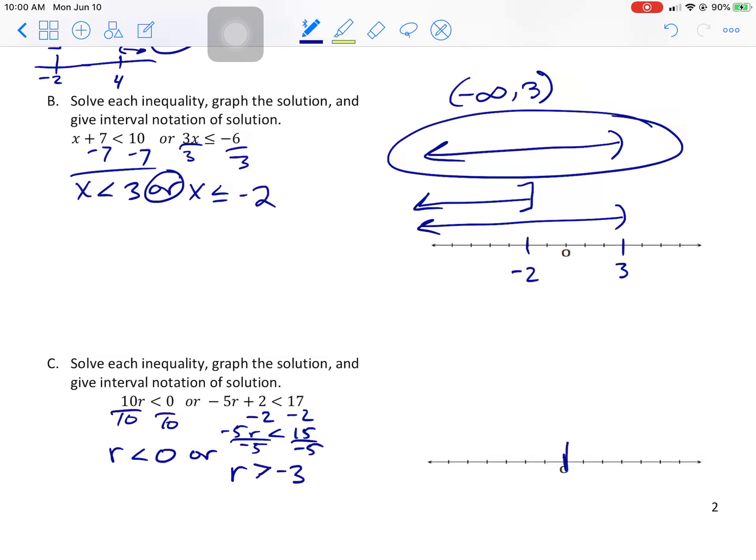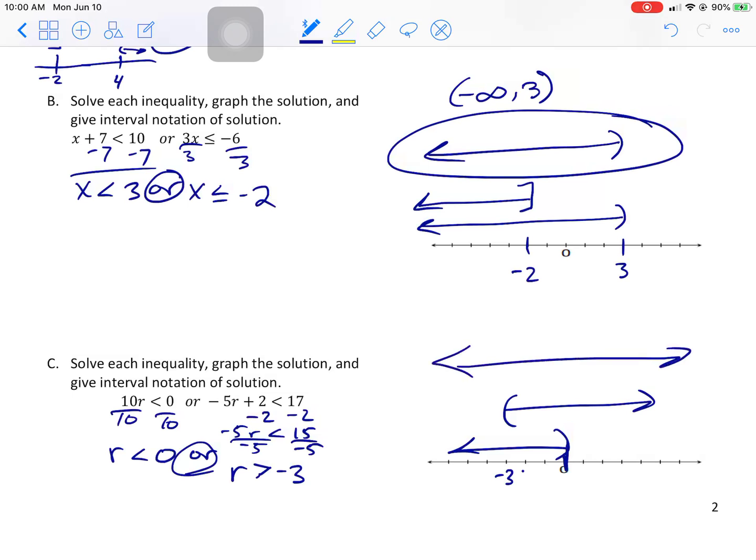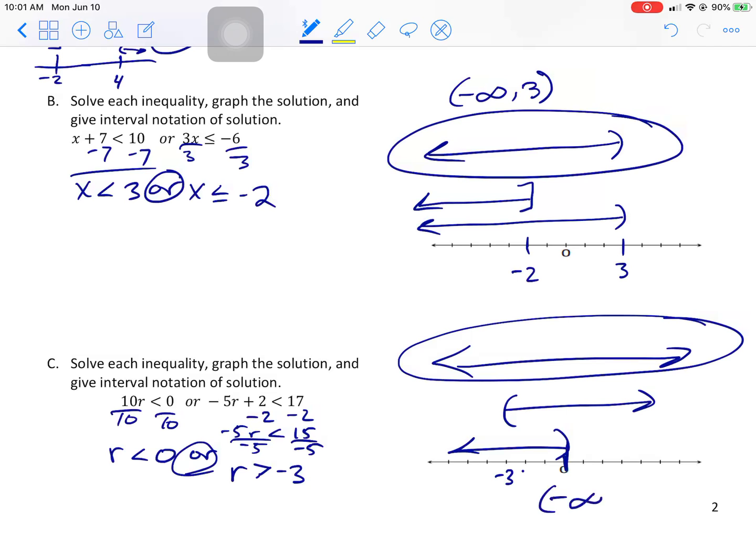So 0 less than, and -3 greater than. Oh, okay, since it's an OR, and this covers everything going this way, and this covers everything going this way, your final answer is actually the whole thing, and the interval notation for that is that one. Okay, I'm going to do the rest on another video.